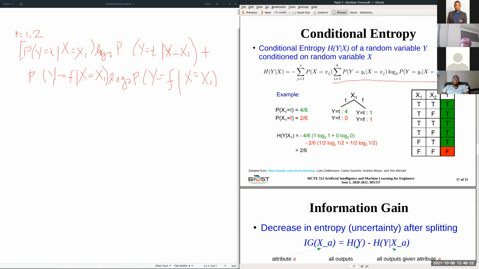Then multiplied by the negative of the probability of big X equal to X1. Because that's a summation, this one is multiplied by that.